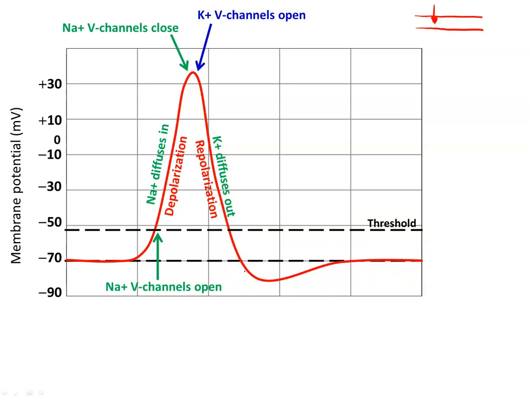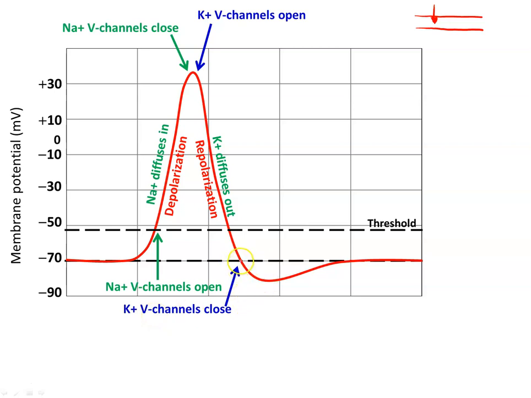Okay. So take note of the notation. In graded potentials, I had depolarization, hyperpolarization. In action potentials, I have this depolarization and repolarization. Okay. Now, what's going to happen right here is I'm going to have now the voltage to where the potassium voltage gated channels are going to close. Okay. They close here, right?